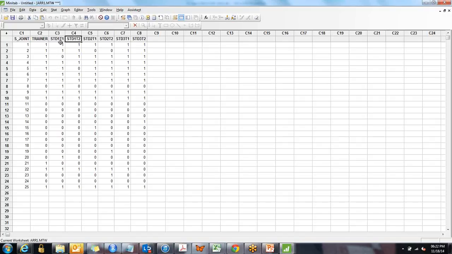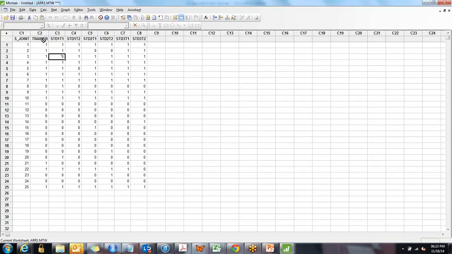Okay, so there is student 1, student 2 and student 3. Student 1 does 2 trials, trial 1 and trial 2. Student 2 does 2 trials, trial 1 and 2. Student 3 also does 2 trials, trial 1 and 2. In each trial, you calculate the values. The student rates the training sample as good if it is 1. If it is 0, during the training program, whatever sample they check, that is bad.